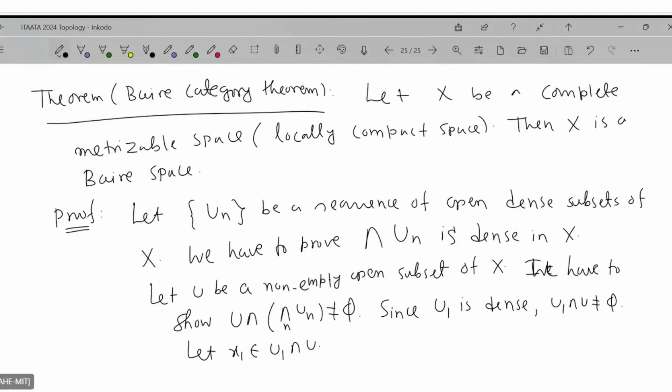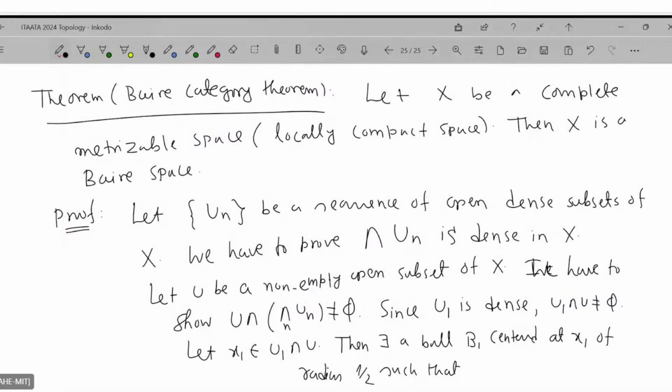So there exists a ball V1 centered at x1 of radius half, such that V1, or radius less than half, basically, I mean to say.